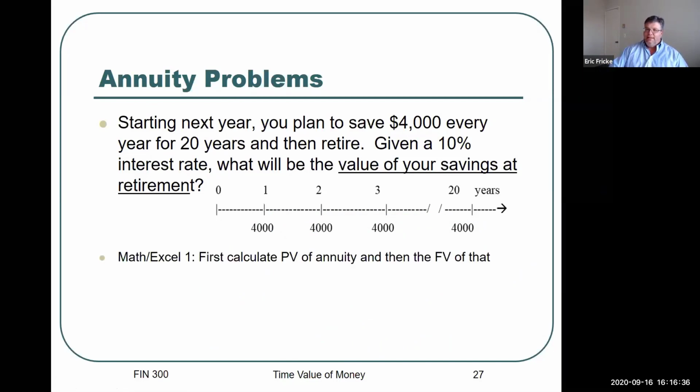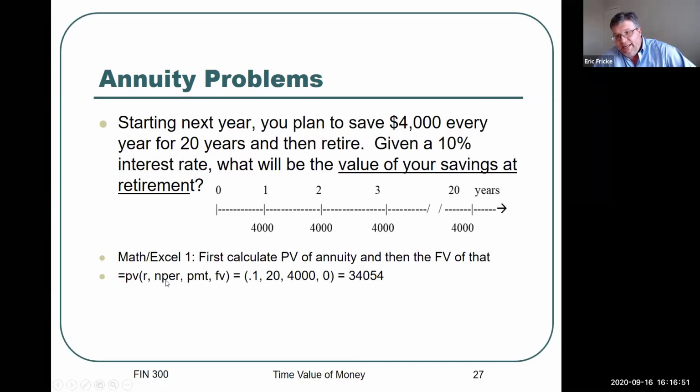So we're going to calculate the present value of the annuity, and then take the future value of that. So here's how we do it. Here's the present value of the annuity, and I'm just doing it in Excel right now, but you can do the same thing with math.